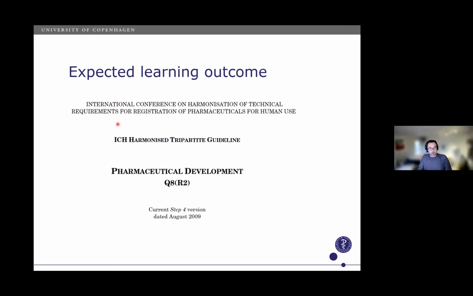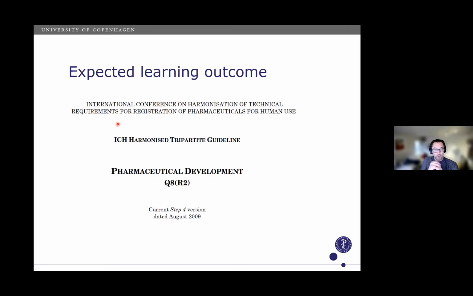As mentioned, there's a regulatory framework behind all these concepts. This is all described quite well in the ICH, International Conference on Harmonization, documents, and especially the ICH Q8 document, Pharmaceutical Development, which is one of the key regulatory documents defining this concept.